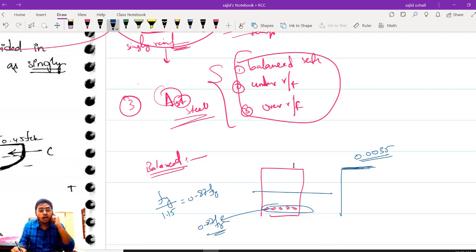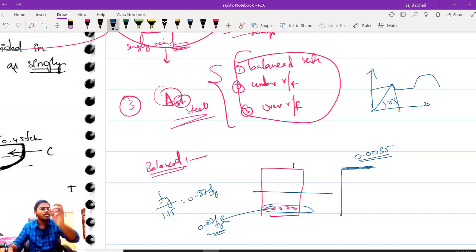So how much will be the strain? Common sense की बात है. If you are talking about Fe 250 mild steel bar, as I have explained earlier, उसका curve कुछ इस तरह से रहेगा, something like this, and this is your Es value up to the yield strength. I hope you remember this simple concept from the last module. If you want strain, you know Es is equal to stress divided by strain, so just divide stress by Es.